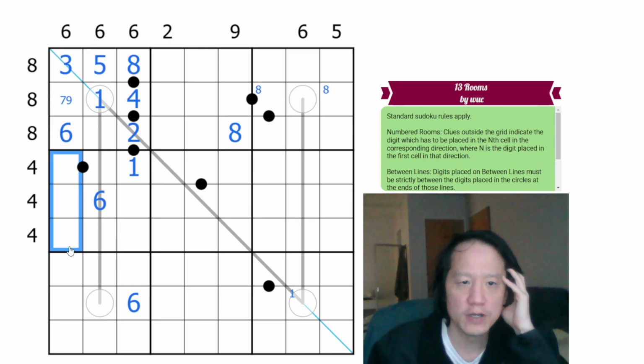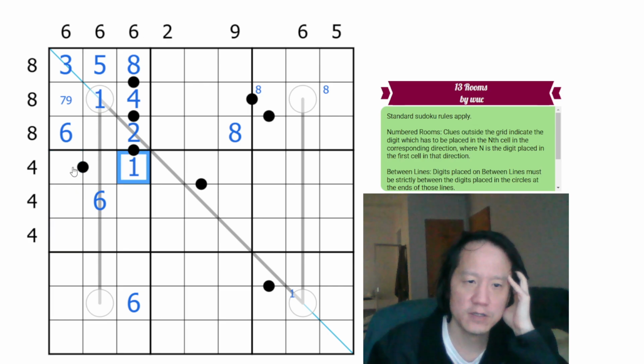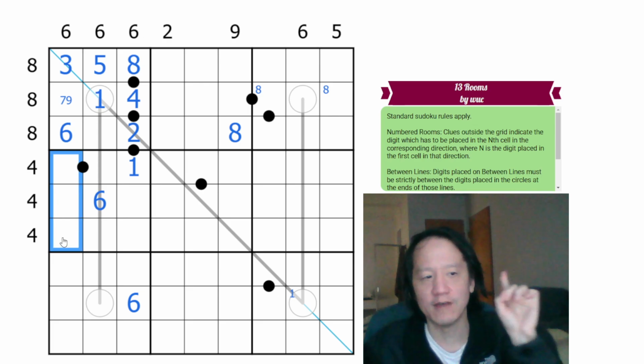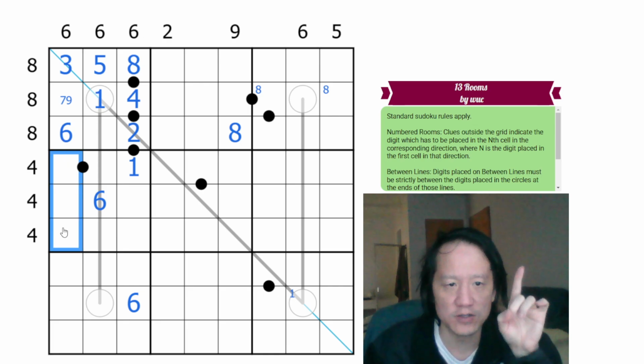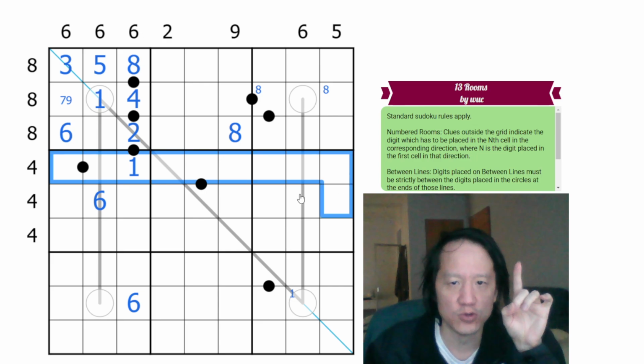So in this one, we know you cannot have a 3 here because this is 3. You can't have a 1 here because this is 1. So where is the 4 possibly? The 4 can only be in the second row, right? Because you cannot have 1 or 3 here, but you have to have 1 from 1 through 3 in one of these cells to make this numbered rooms clue work.